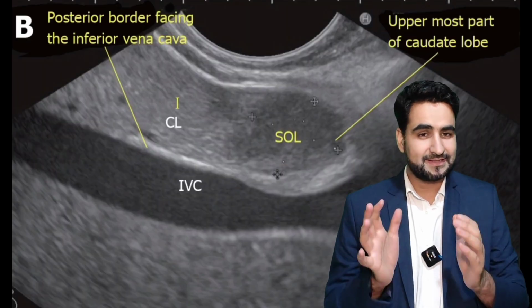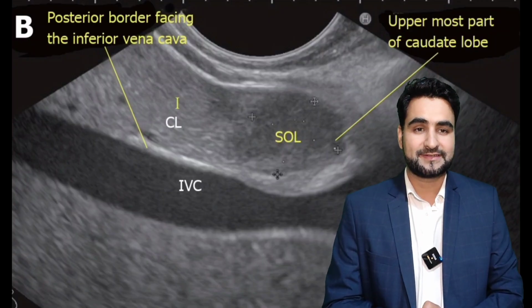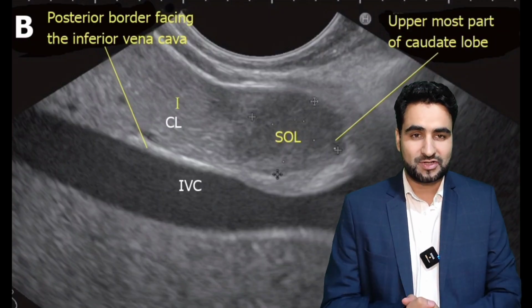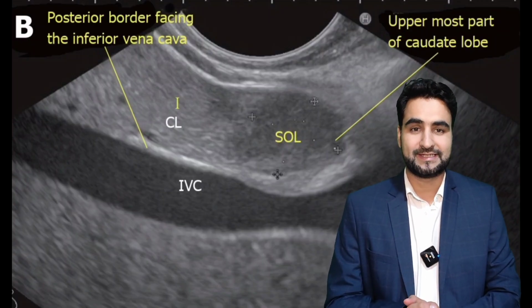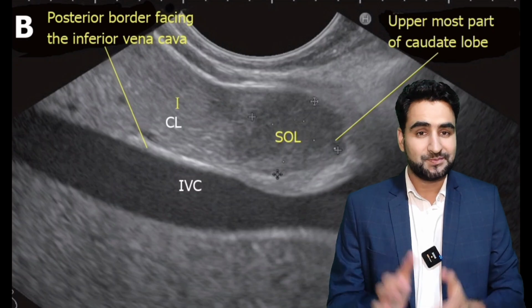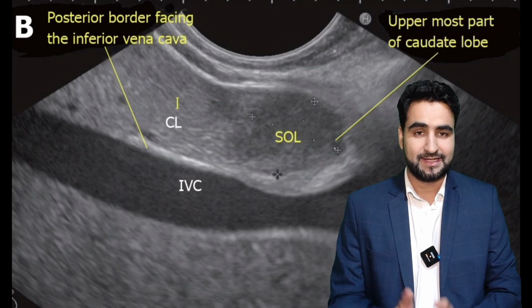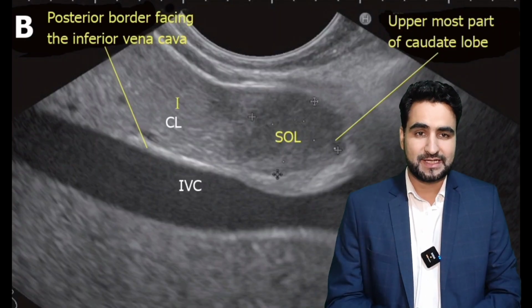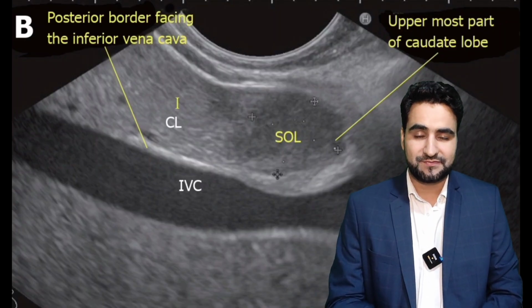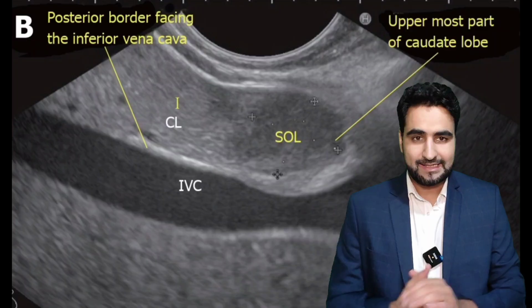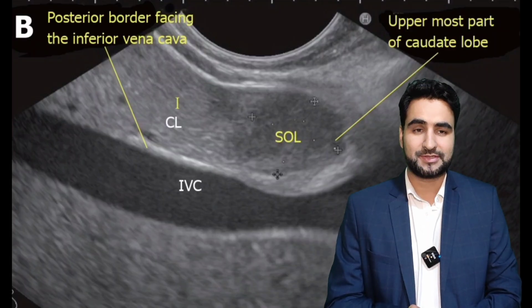The next image illustrates a clinically significant scenario: a space-occupying lesion that's located near the tip of the caudate lobe. The important anatomical details that are present here: the lesion lies between the endoscopic ultrasound probe and the inferior vena cava, highlighting the posterior boundary of the caudate lobe.